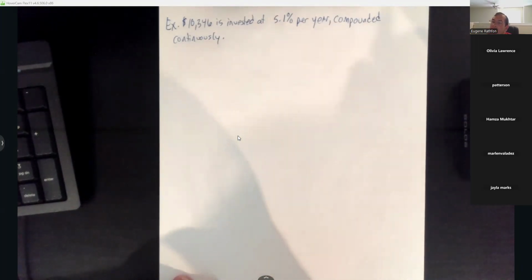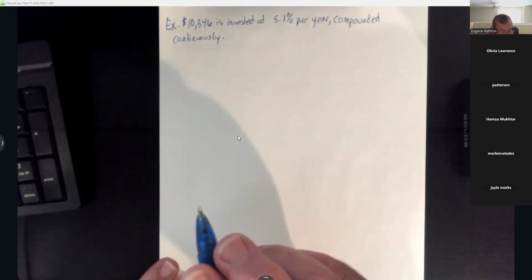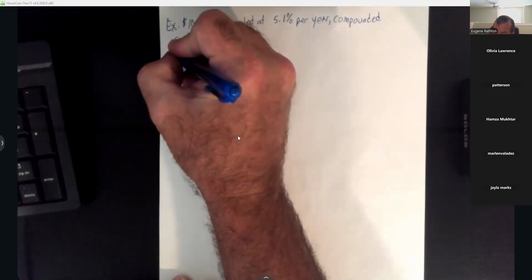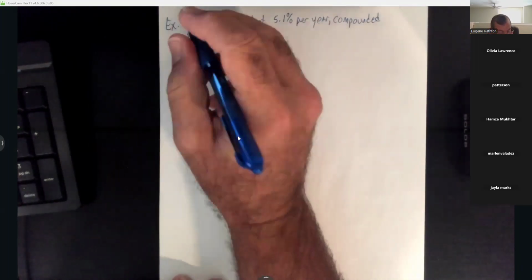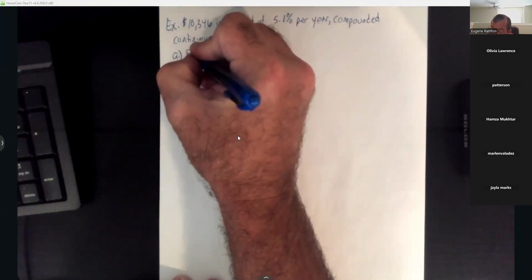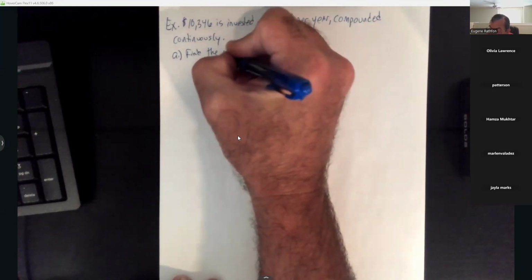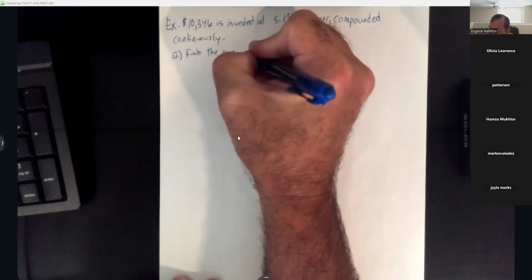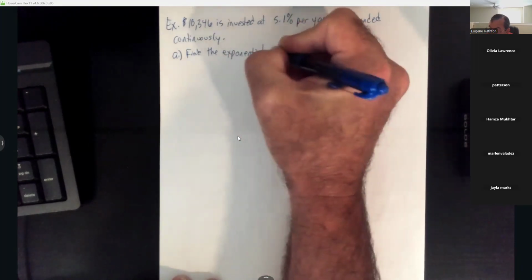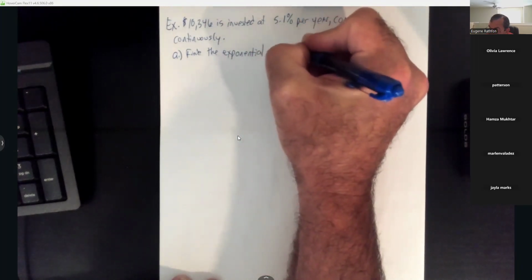Since it's compounded continuously, we need to use the formula we came up with in the beginning. For A, they want us to find the exponential growth function.